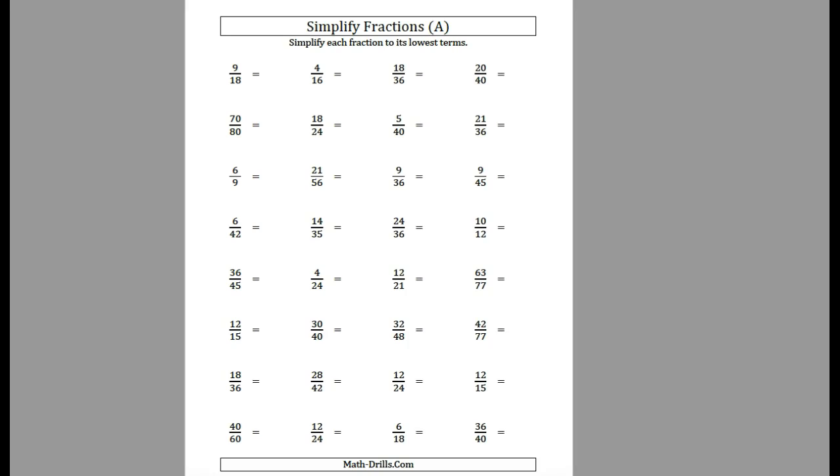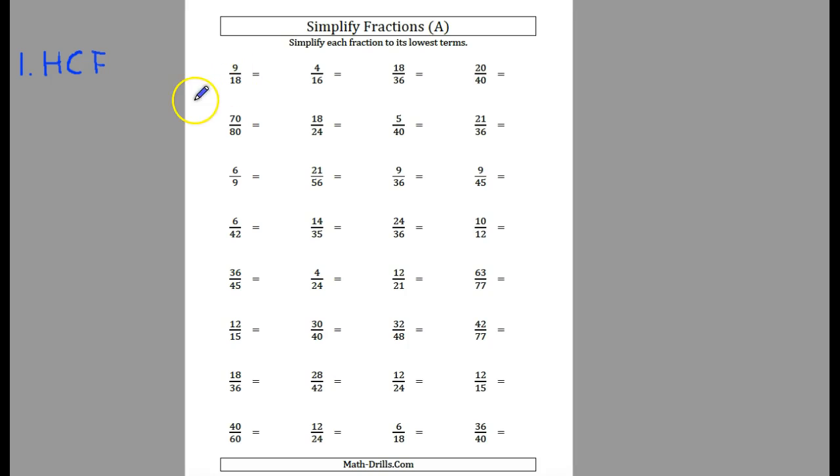Now, to do that, we need to first find the highest common factor. So the first step is to find the highest common factor. Remember that the highest common factor is a number that goes into two or more numbers.